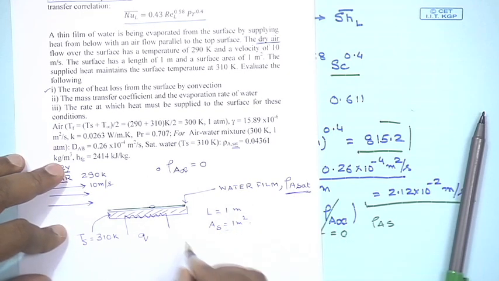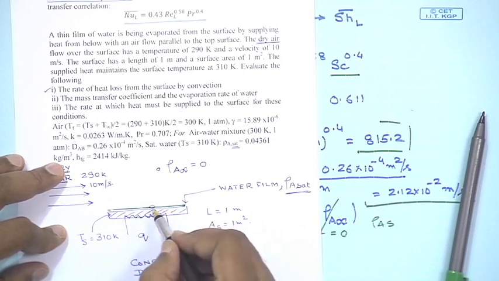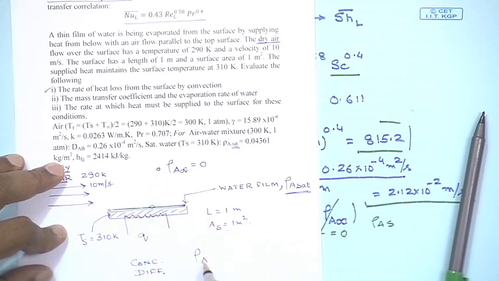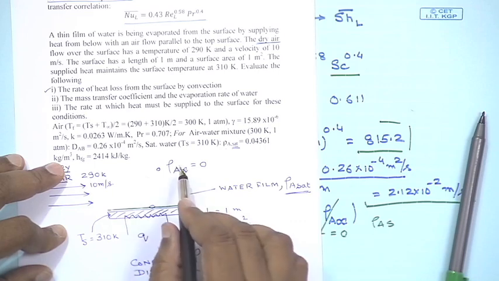So, the effective concentration difference, which is the cause of evaporation, would simply be rho A sat at the interface minus rho A infinity at a point far from the interface.